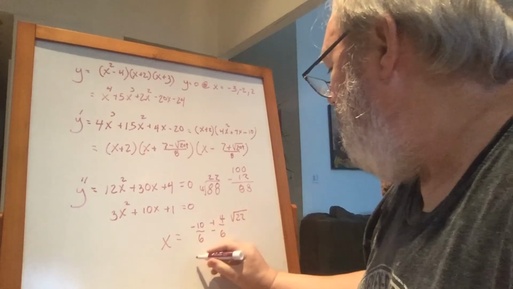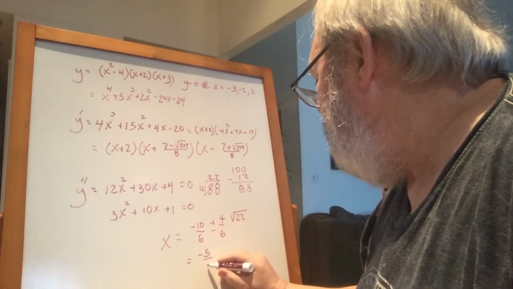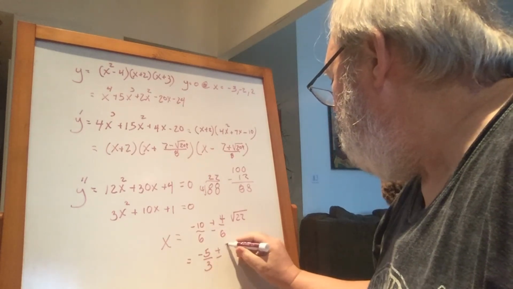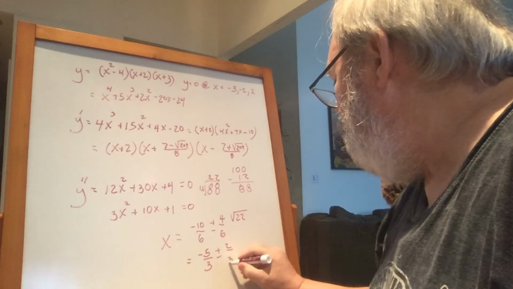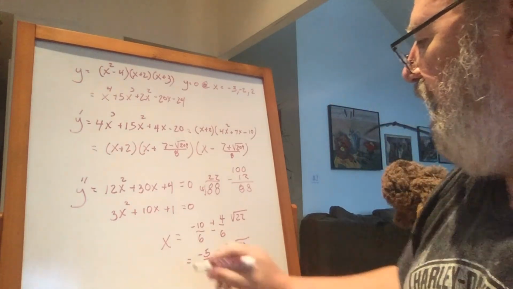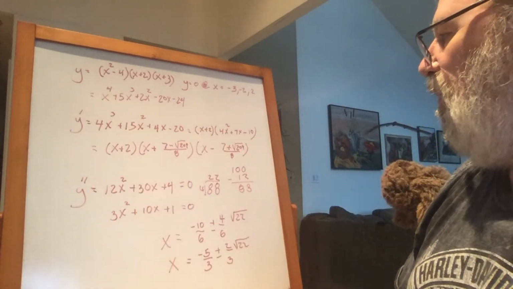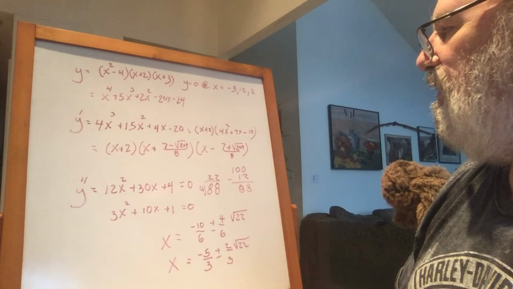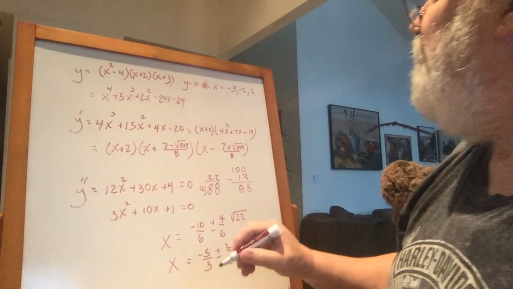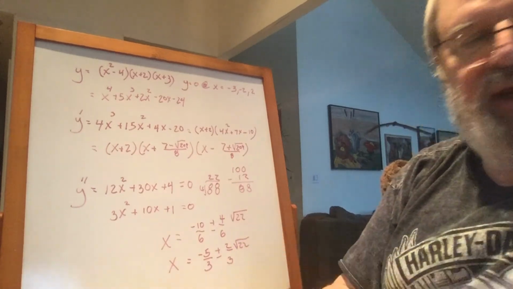Here we got x equals minus 5 thirds plus or minus 2 thirds square root of 22. So now we have our zeros for y double prime, and those are going to be the inflection points. Now we have all the information that we need.